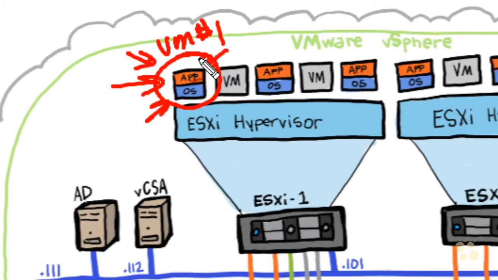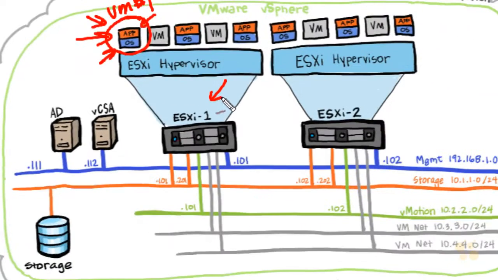A Windows Server operating system is going to need some disk space. True or false? And the answer is absolutely true. And the entity that is providing that storage service to this virtual machine is going to be our ESXi host. So somewhere, this ESXi host needs to have access to storage to support the virtual machine.